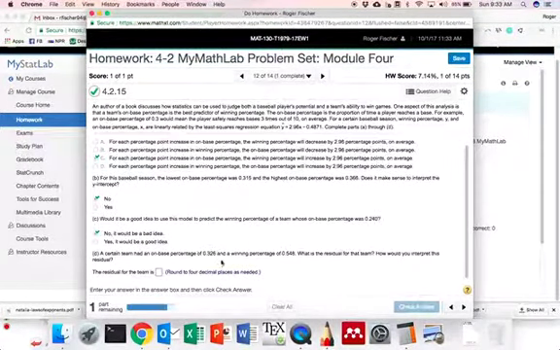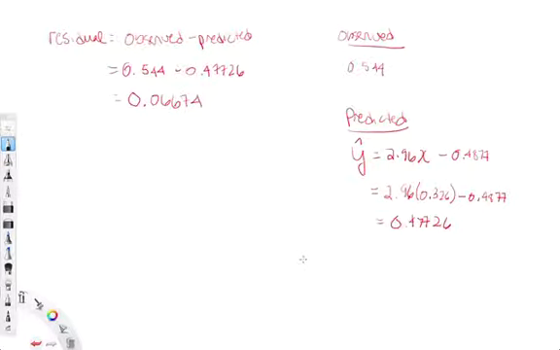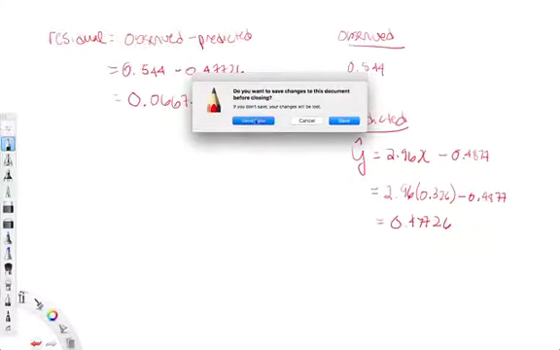A certain team had an on-base percentage of .326 and a winning percentage of .548. What is the residual for that team? And then we'll have to interpret the residual. So, let's get a new page up here. The residual is the observed value minus the predicted value.